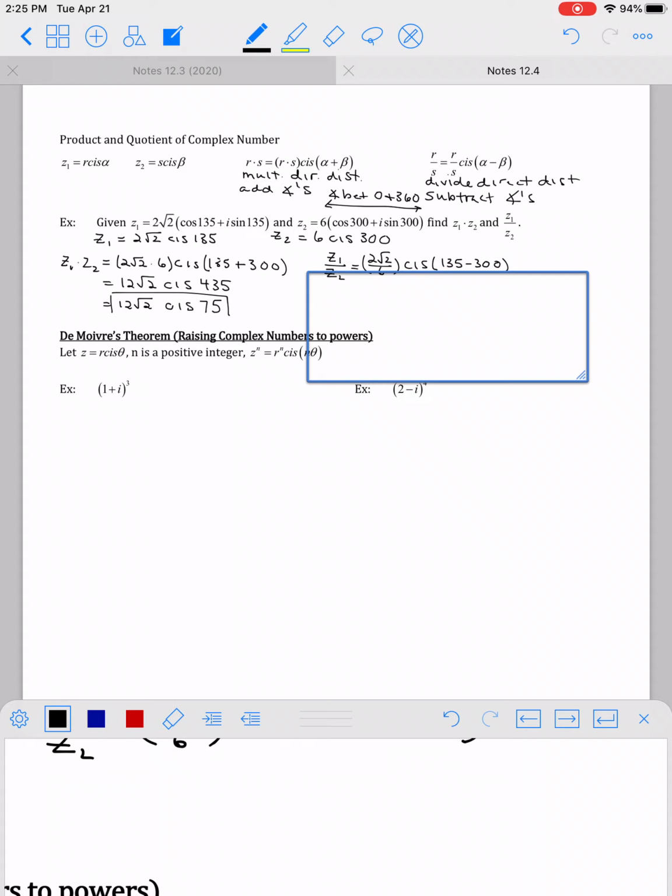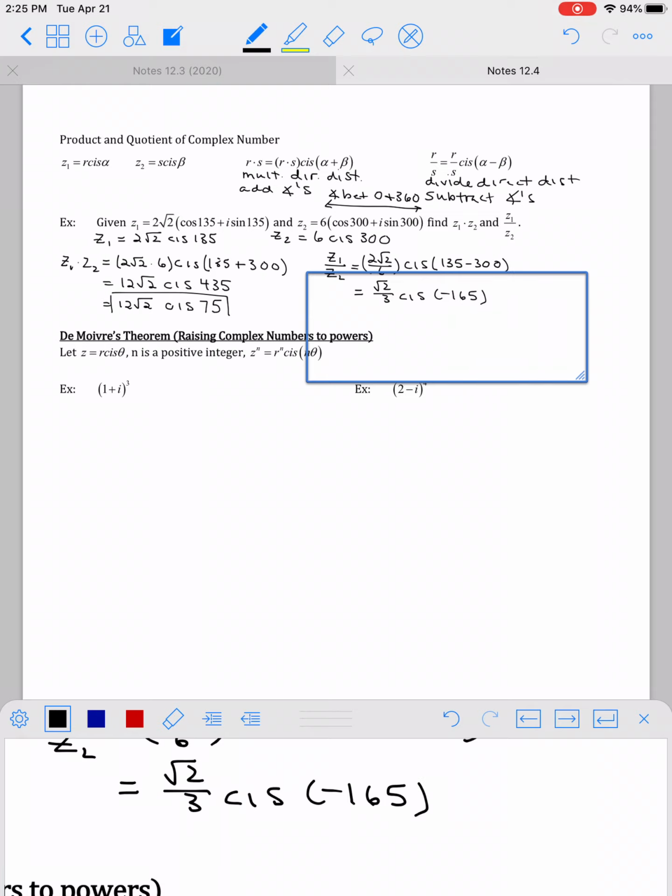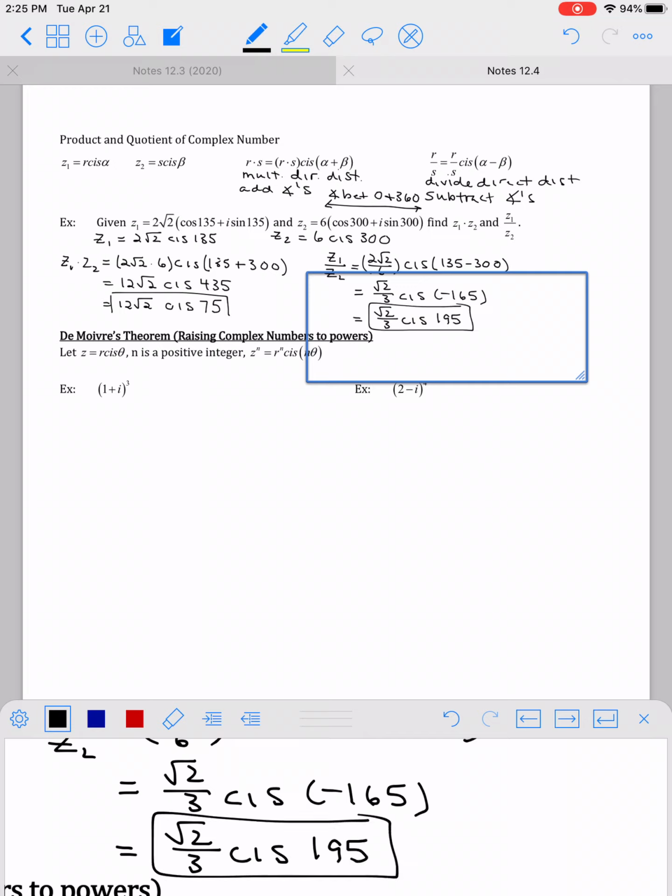That's going to give me square root of 2 over 3 cis negative 165. Again, remember, we have to make sure that's between 0 and 360. So we're going to add 360 to that one to make it comply.